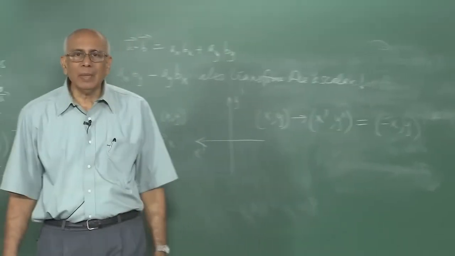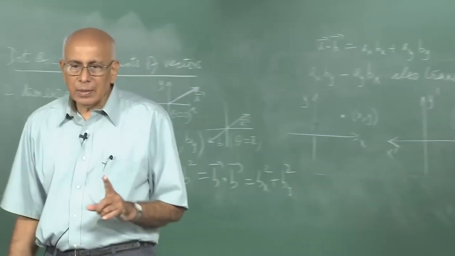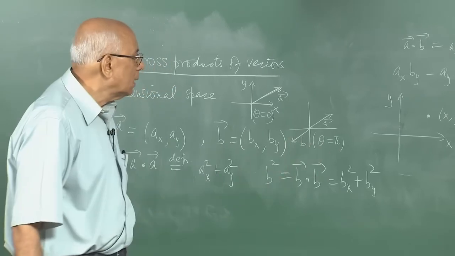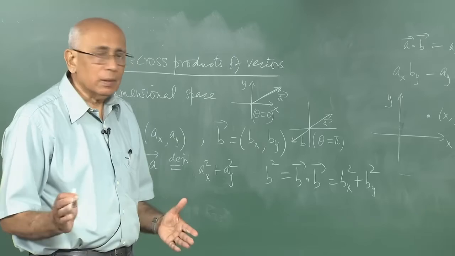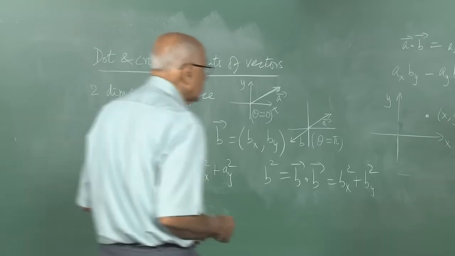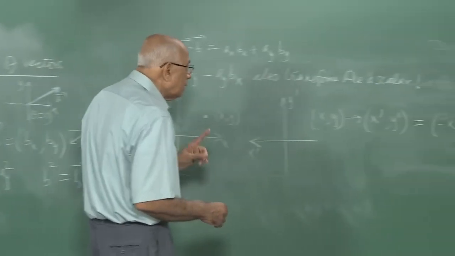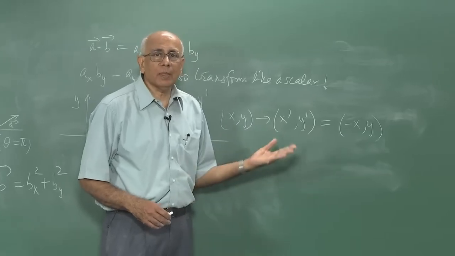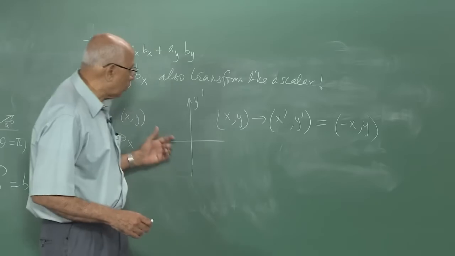So what's happening in this case is that one component changing sign in two-dimensional space is not obtainable by a rotation of the axes, and a transformation of this kind is called an improper transformation as opposed to a proper rotation.